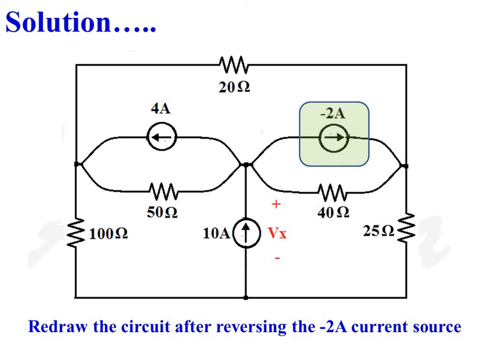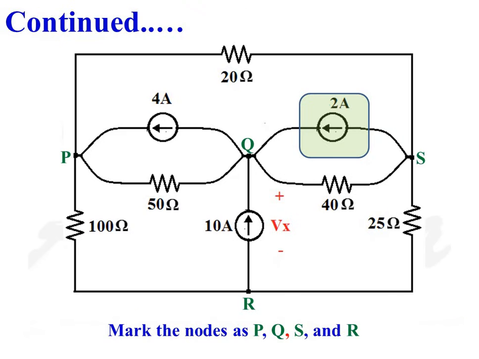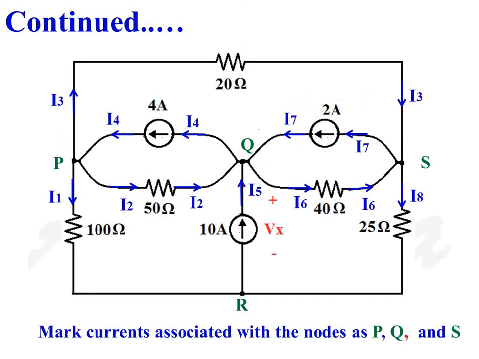So let us redraw the circuit after reversing the polarity of this -2 ampere current source. Mark various nodes as node P, Q, R and S. Mark currents associated with nodes as shown in the diagram.